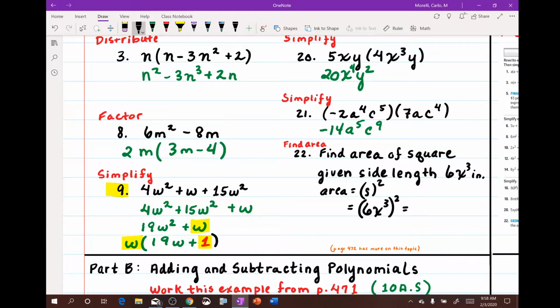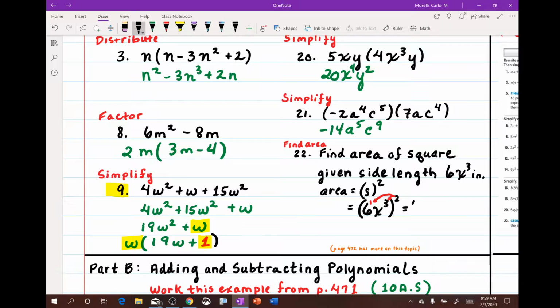This is called the power rule. Okay? You have an expression raised to an exponent. And what you have to do is multiply that exponent times each of the exponents inside the expression. And let me make a big point of this. That 6 has an exponent of 1. All right, so you need to multiply like that.